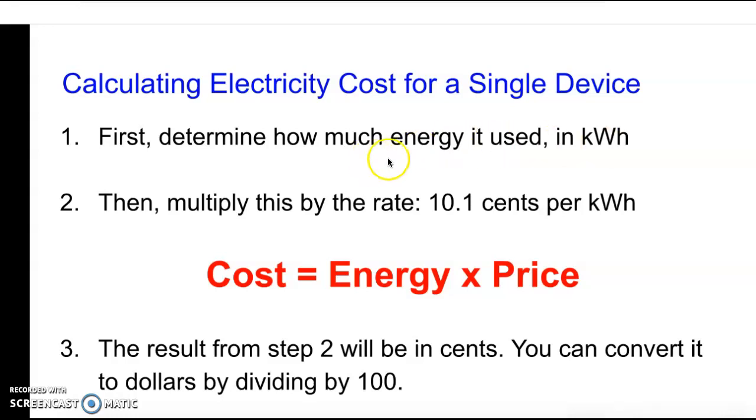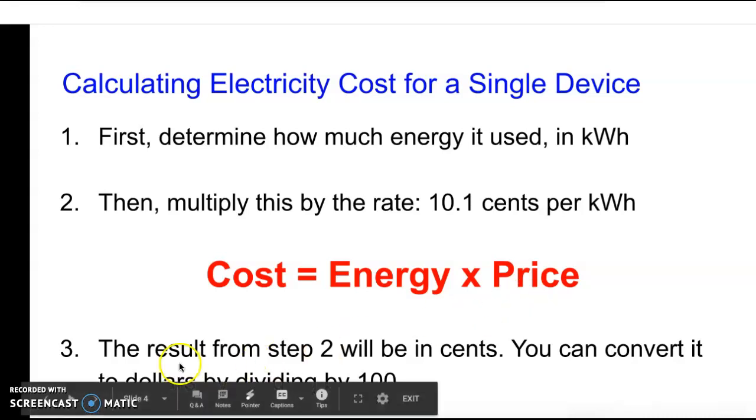So you calculate how much energy it used in kilowatt hours, and then you multiply this amount of energy by the rate or the price, which is 10.1 cents per kilowatt hour. That'll give you the total cost. So you take your energy in kilowatt hours and multiply that by 10.1 cents for every kilowatt hour.